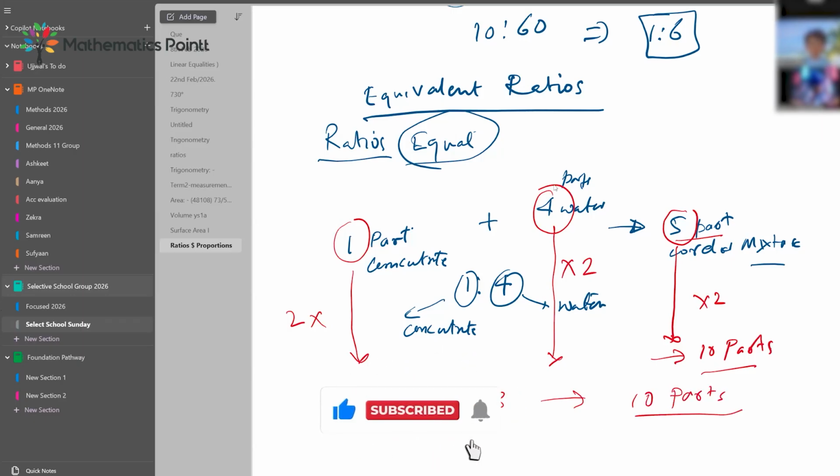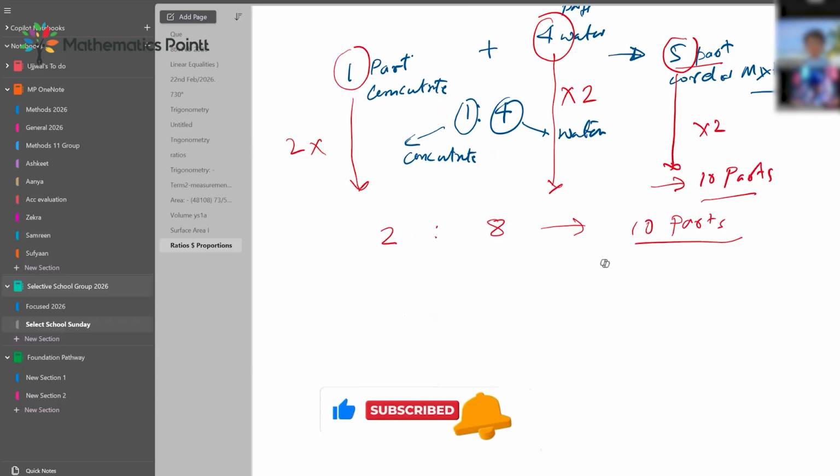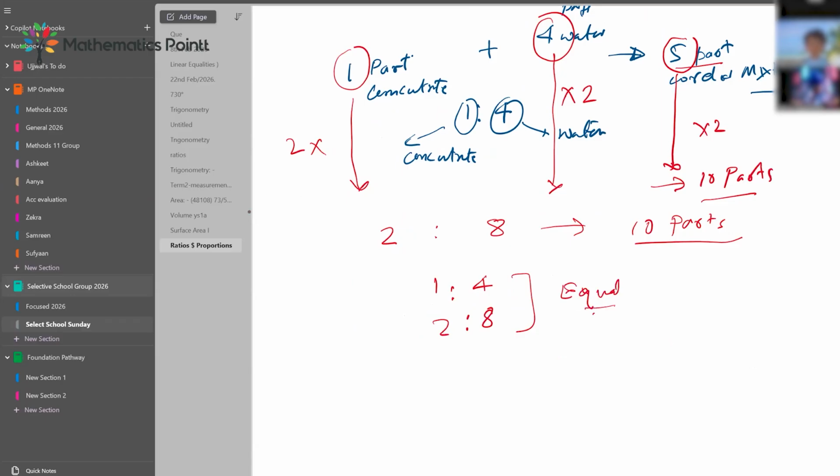Now, if you look at it, 1:4 and 2:8, they're equal ratios, or hence I can call them equivalent ratios, because I've found the highest common factor.